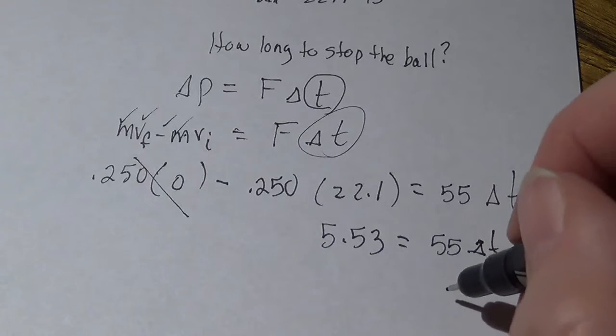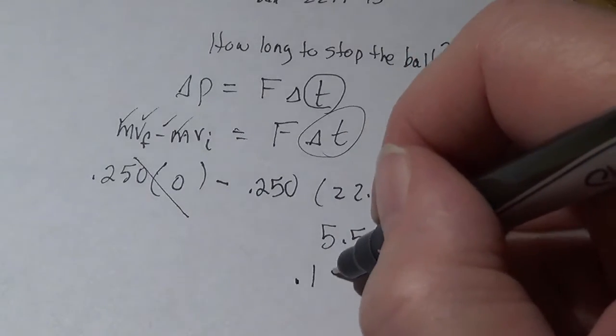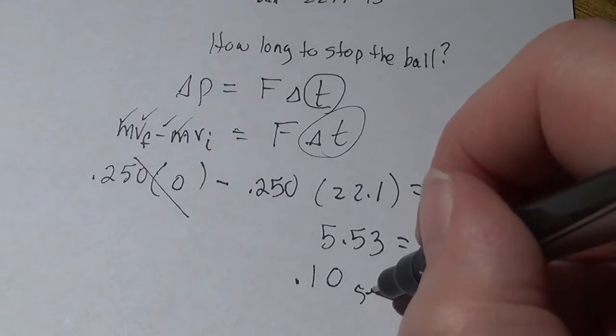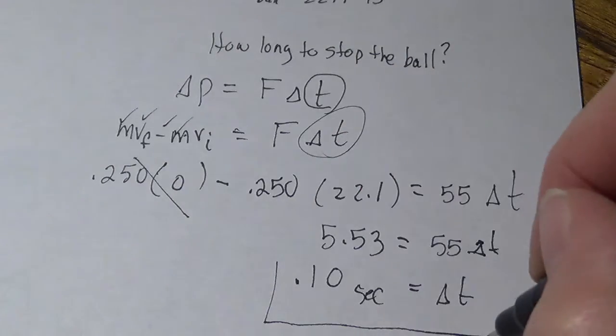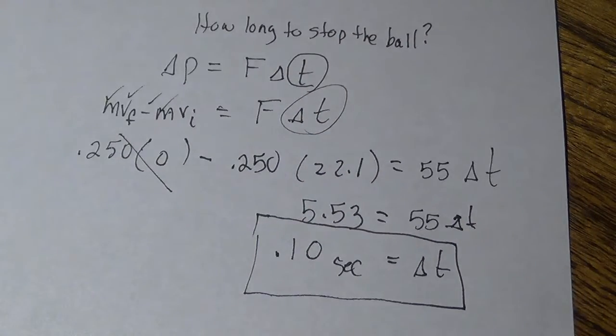Divide by 55, and I get the change in time is 0.10 seconds. All right, that's how much time it takes for the glove to stop the ball.